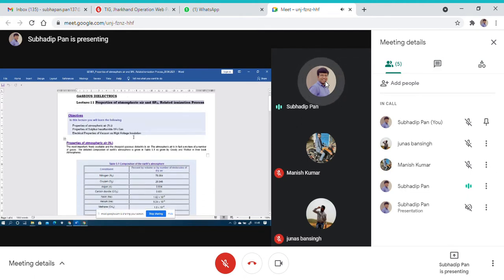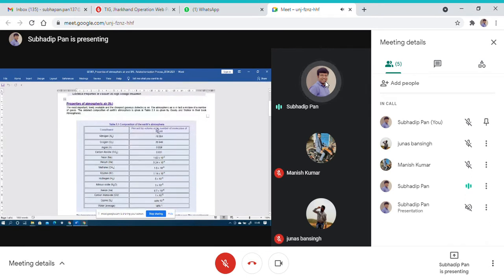Keep in mind that atmospheric air contains various kinds of gases. We have N2, oxygen, carbon dioxide, neon, helium, methane, and argon. These are the gases available in the atmospheric air, listed in this table.